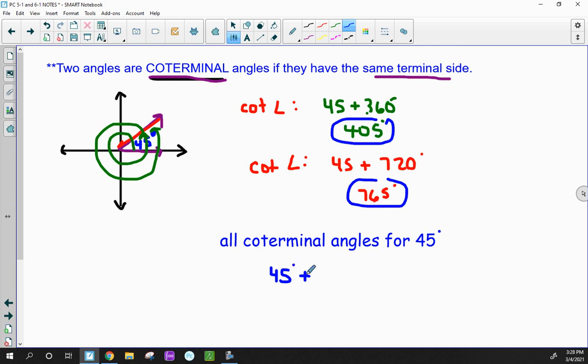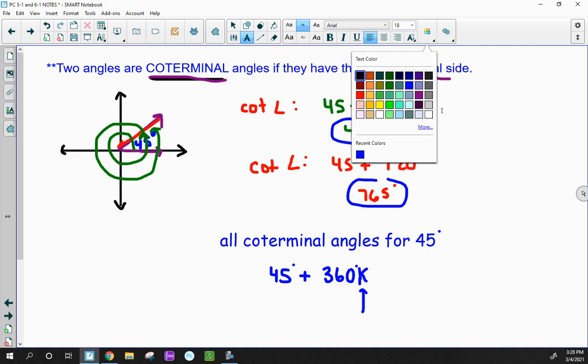So it's going to be 45 degrees plus 360, again because it's in one rotation, times, and then they like to use the letter K, and K stands for number of rotations. That's what the K stands for.